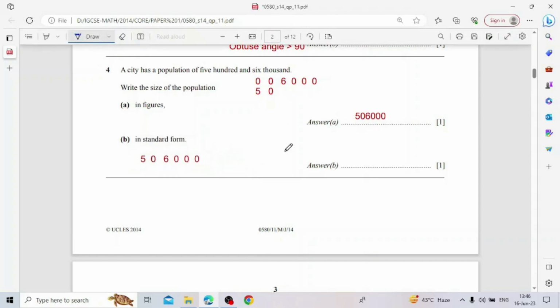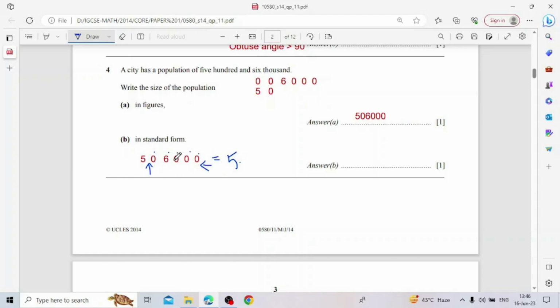From the last 0, you count till the first number: 1, 2, 3, 4, and 5. Here is where we placed the decimal point. So how many did we get? 5. After this, how do we write it as a number? 5 point, then 0, 6.